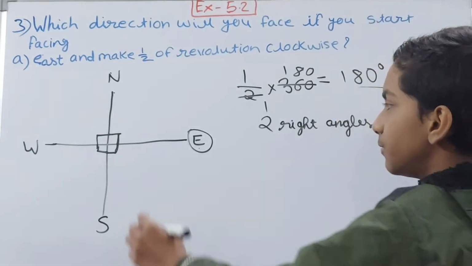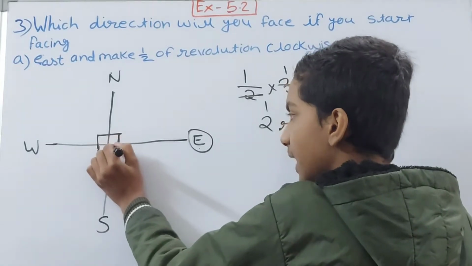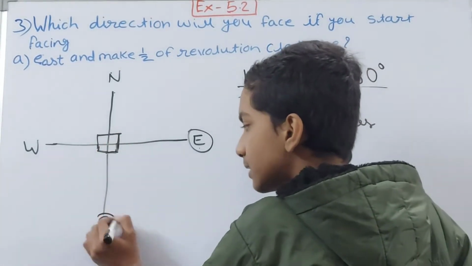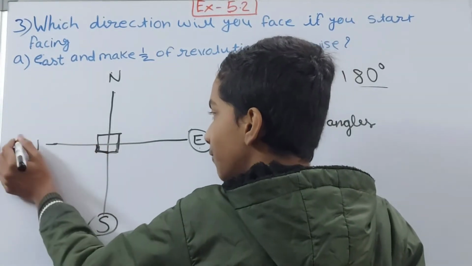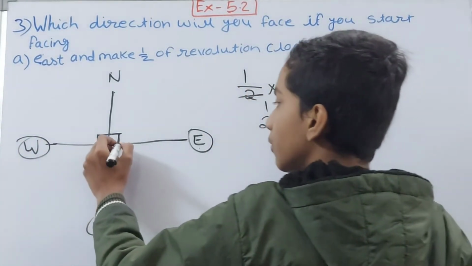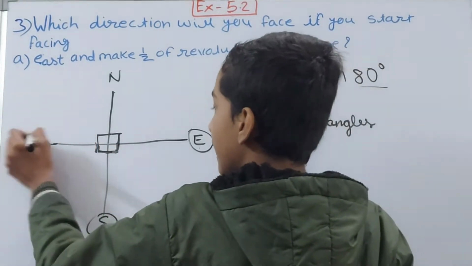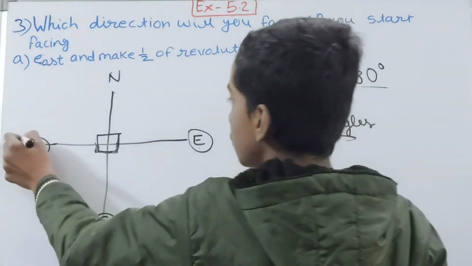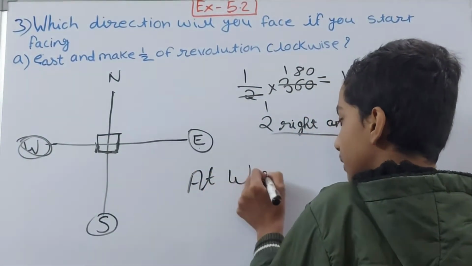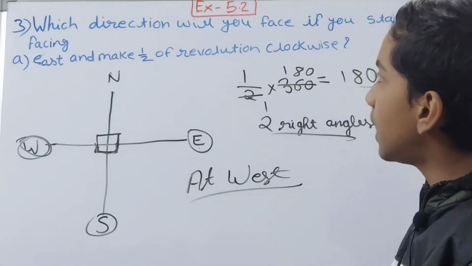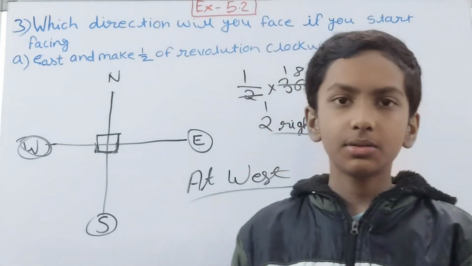So from east, if we move clockwise like this, the first right angle will take you to south, and the second right angle will take you to west. Here you will stop. We had only two right angles, so you will be at west, right? So if you start from east and make half a revolution, you will land at west.